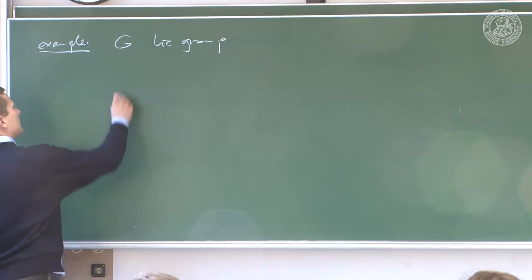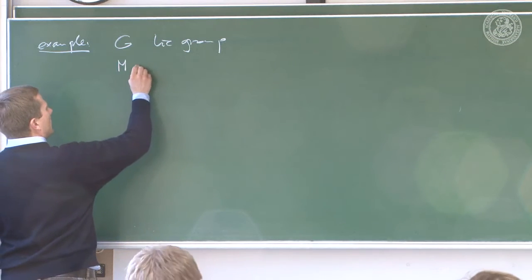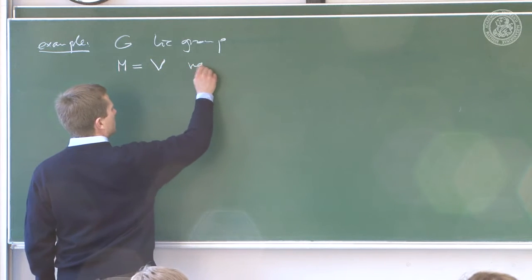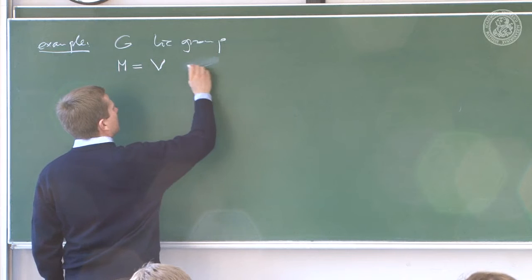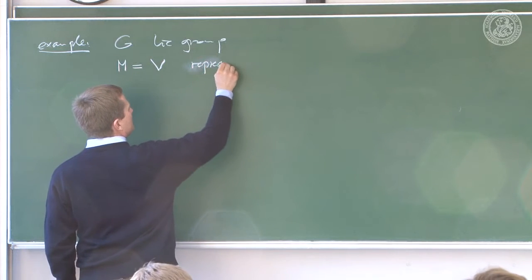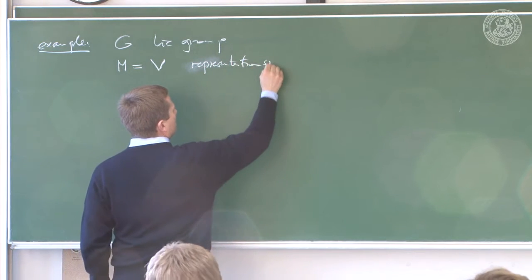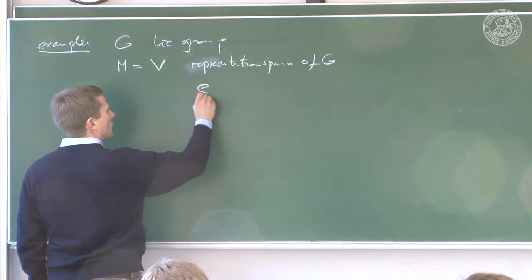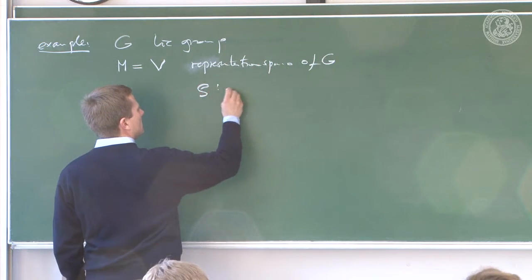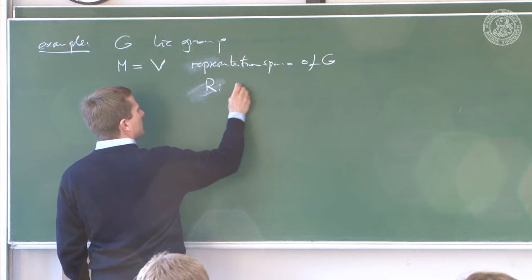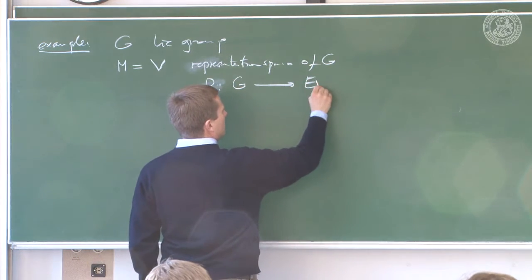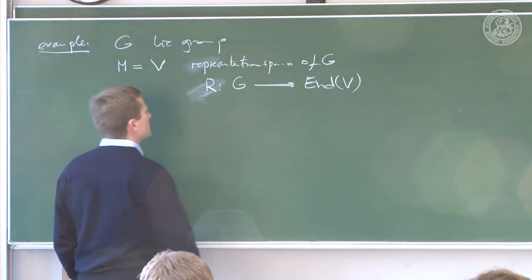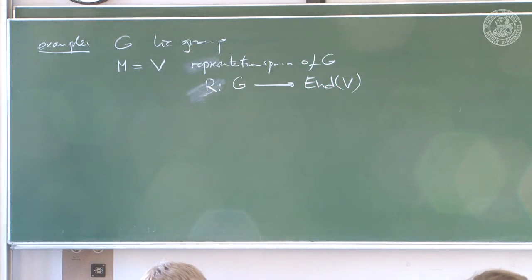And I can choose as the manifold a vector space, and not any, I choose this representation space of G that comes with a linear representation, capital R, that takes the Lie group into the endomorphisms over this vector space. Well, and we said we have such a representation.